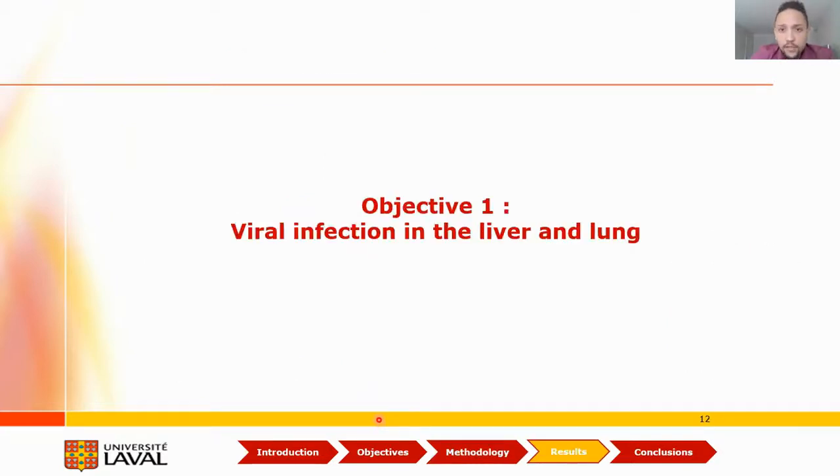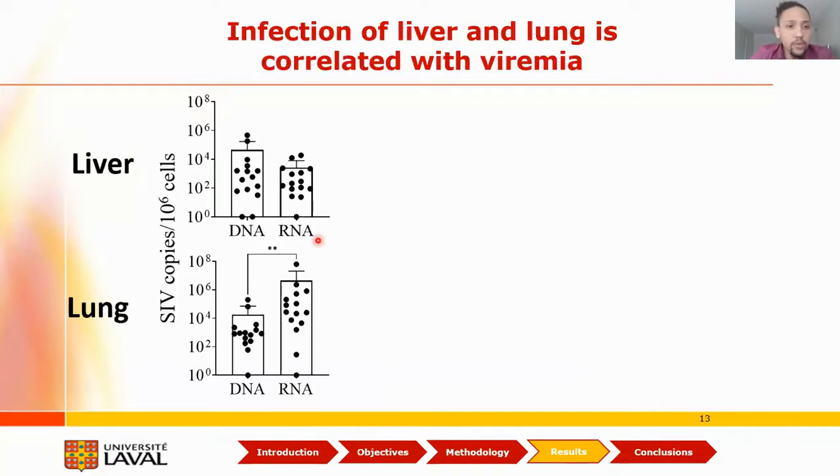So in objective 1, when assessing viral infection in the liver and lung, our results demonstrated that liver contained comparable levels of viral DNA and RNA, while in the lung, here, we detected significantly higher levels of viral RNA than DNA.